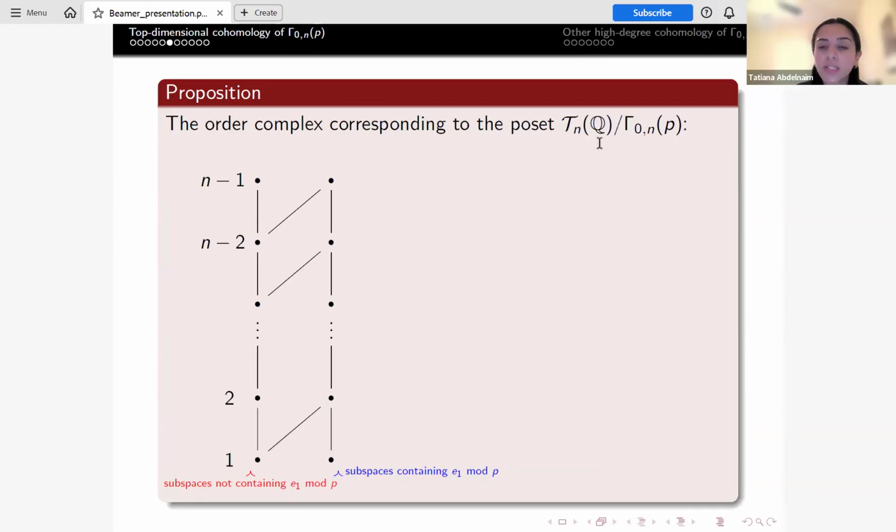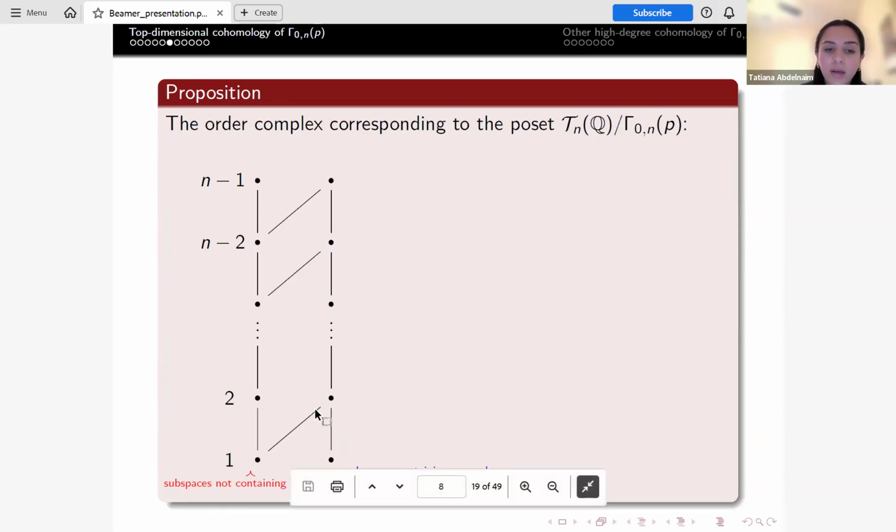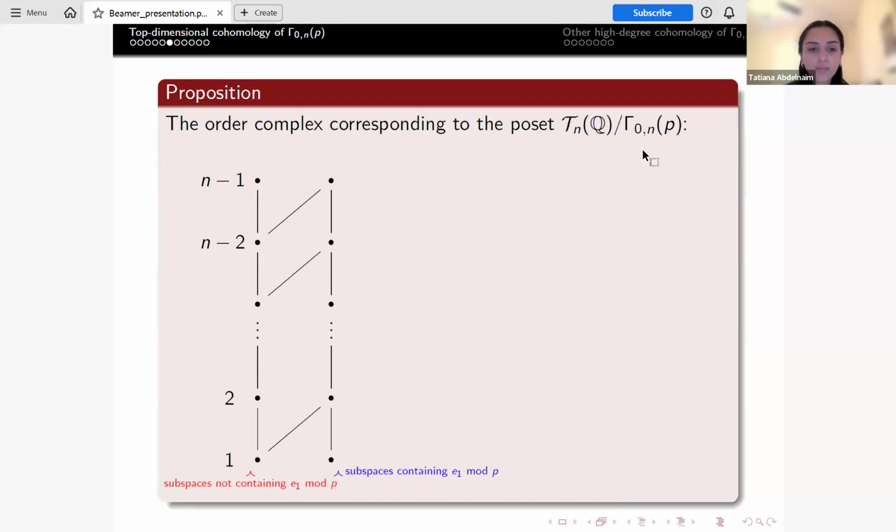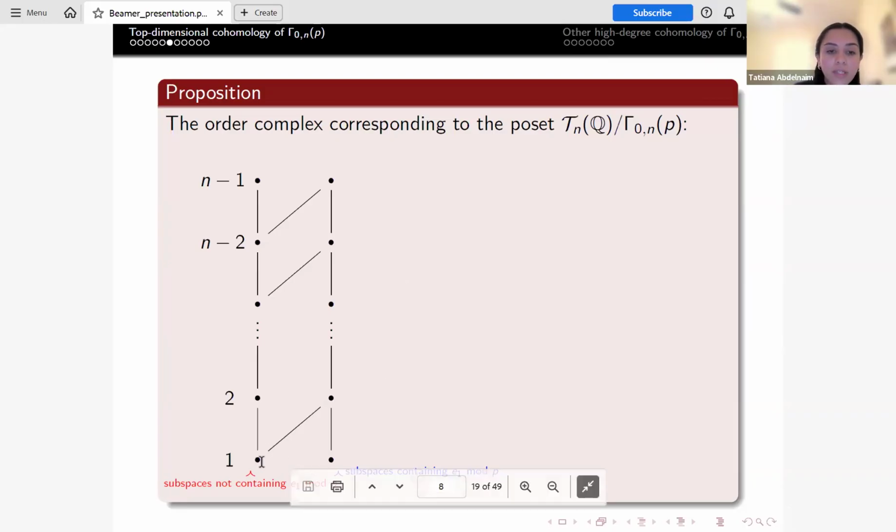We still have the simplices, which we said are given by inclusions. And so these bars, these lines right here, represent the inclusions that we get in this quotient. So now we look at this, and we see that if n is 2, then we're only going to have these 2 bullets at the bottom. And so the space is going to be a discrete set of 2 points.